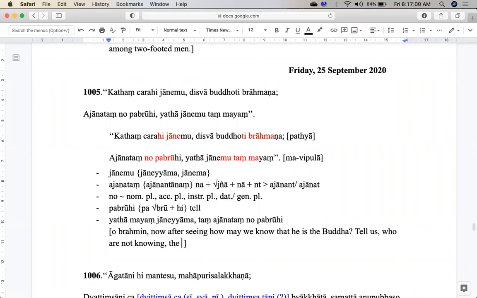Then we should translate the way: how, and janemu here, in what ways or how we may know. So in this way we can translate. So, O Brahman, now after seeing, how may we know that he is the Buddha? Tell us, who are not knowing, the way how we may know.